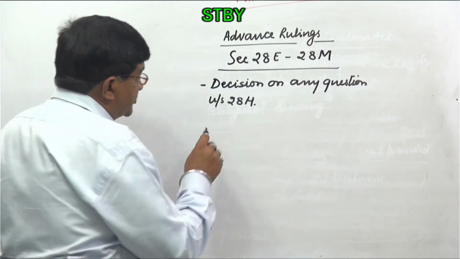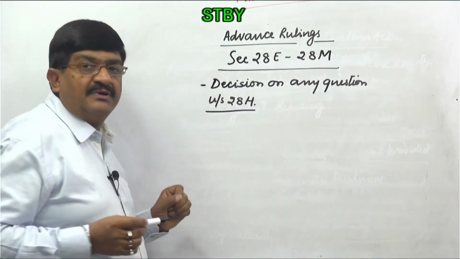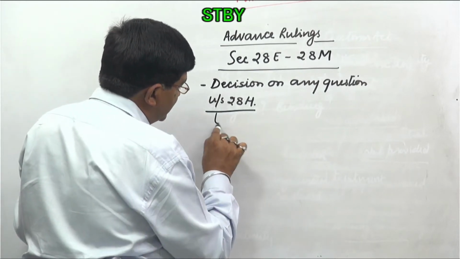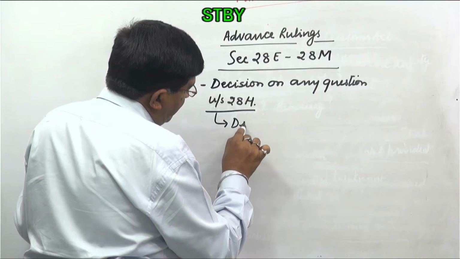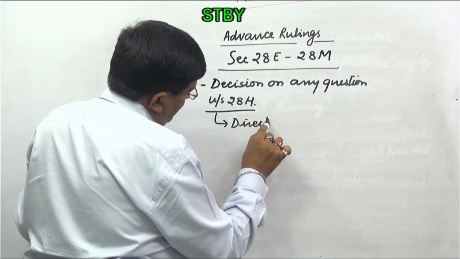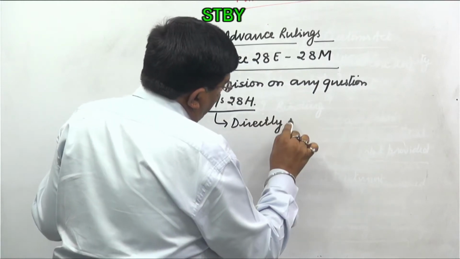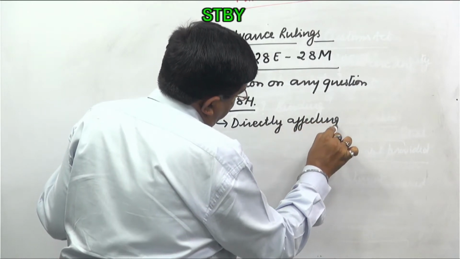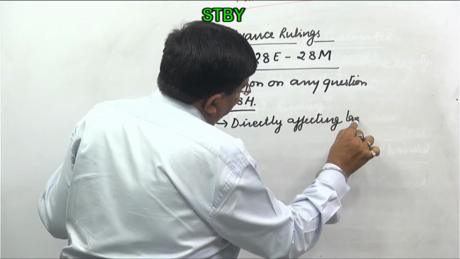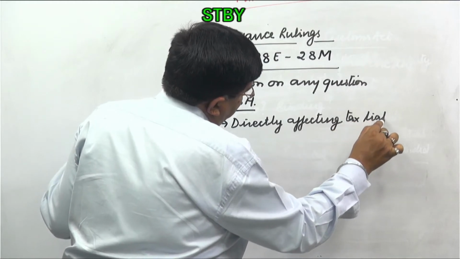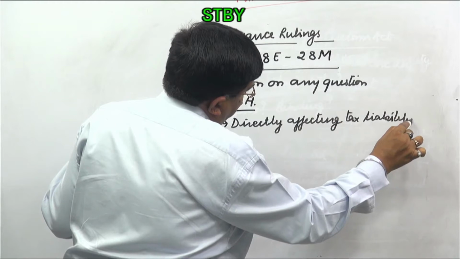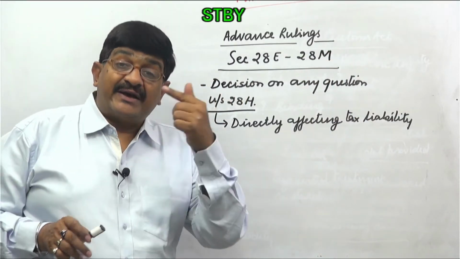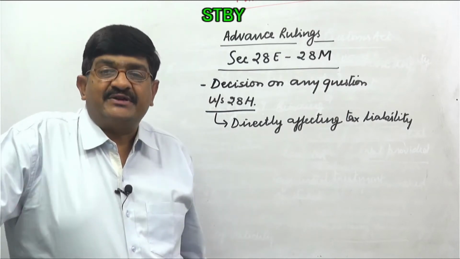And these questions are, before I go on 28H, let me explain you what are these questions. These are the subject matters directly affecting tax liability. So those are having direct connection with the taxability or the amount of the tax.